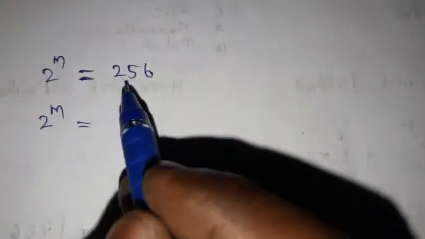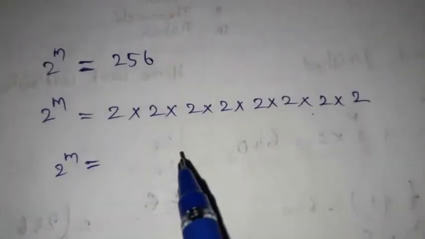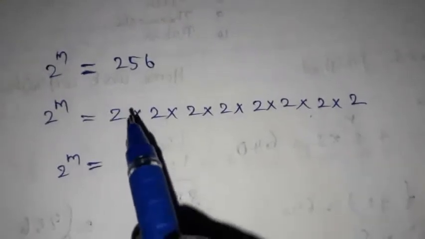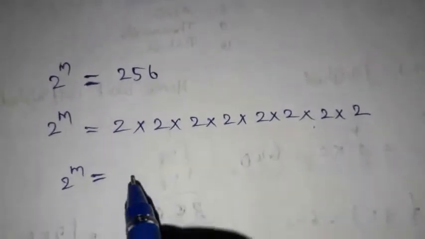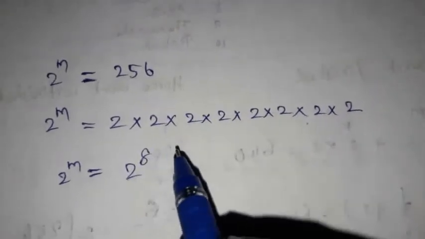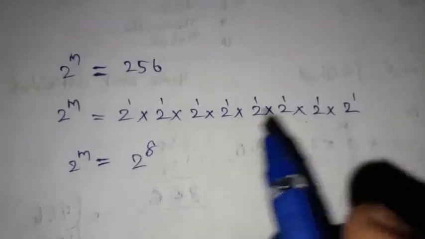2 power m equal to 256. 256 can be written as 8 2s. We know there is a power 1 in all the numbers. It can be written as 2 power 8. If you add all the powers, you can get 8.